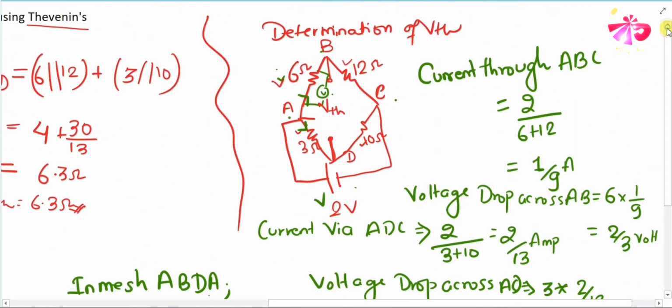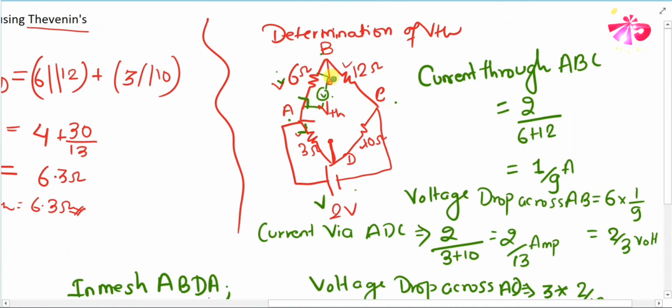We have to identify the voltage across BD, so you can consider this one or this one. For now we have considered A, B, D and A, a complete closed mesh. From that, now let's put the signs.